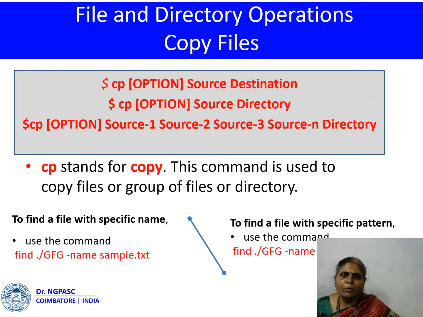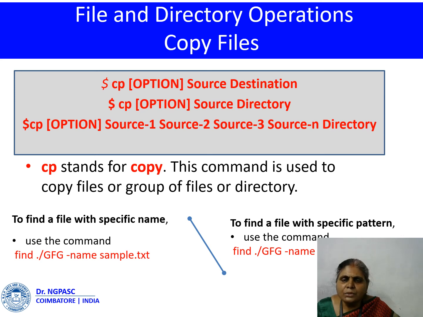File and directory operations, copy files. While using the copy file command cp, we have three different ways. The first one is cp source destination. The copy will create a copy of that particular file with the name of destination. The second one is cp source directory.